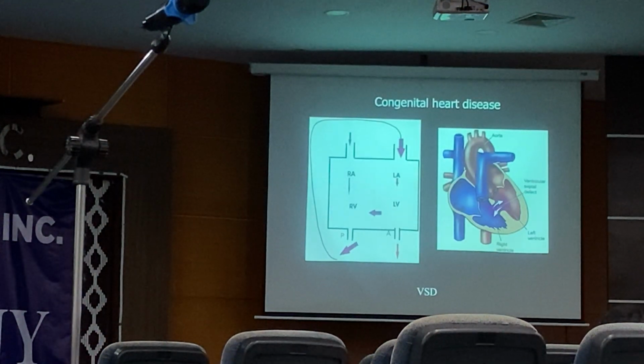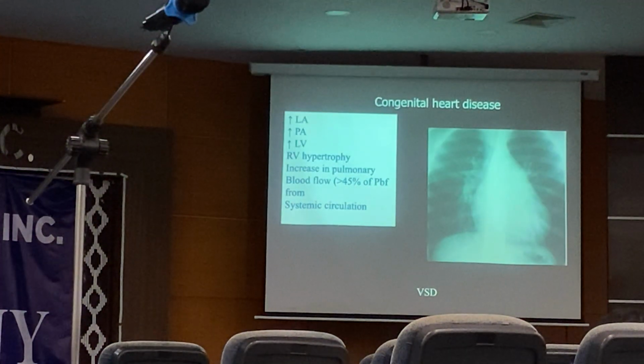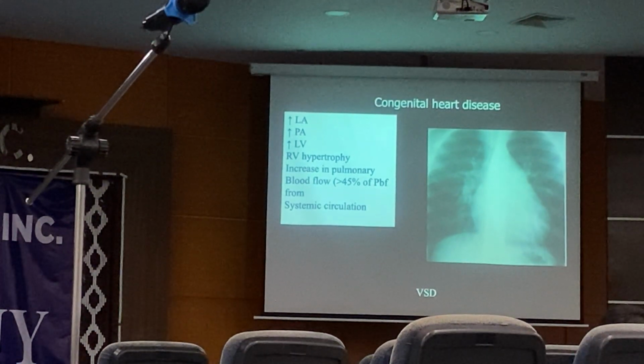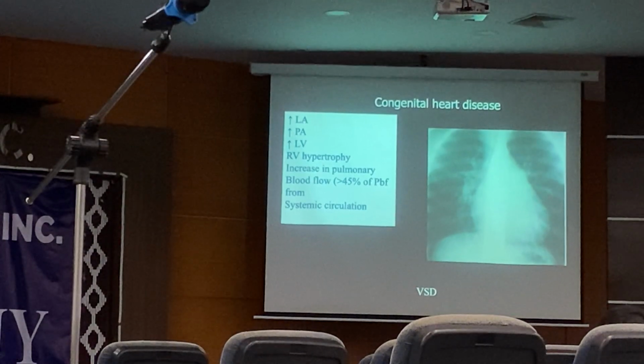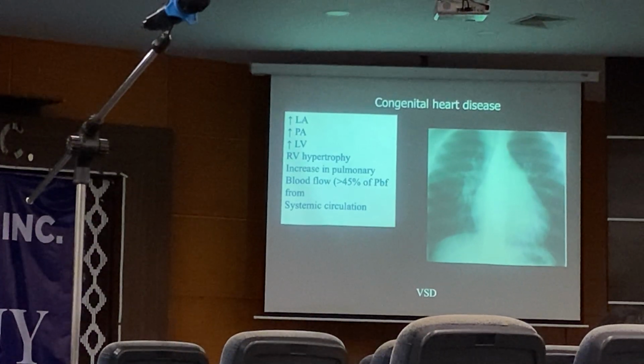So in VSD, the same principle. You have a defect at the ventricular septum, so you have a volume overload in the right ventricle. So what happens? What do you see? So you have a dilated left atrium. Your pulmonary artery would also be dilated as well, and you develop left ventricular enlargement and right ventricular hypertrophy as well.